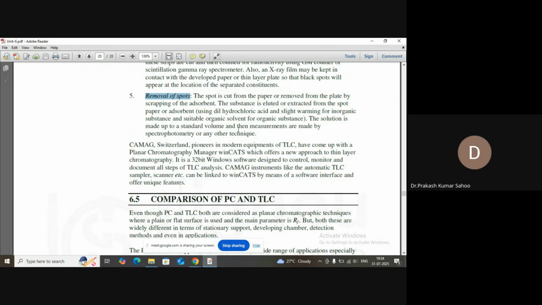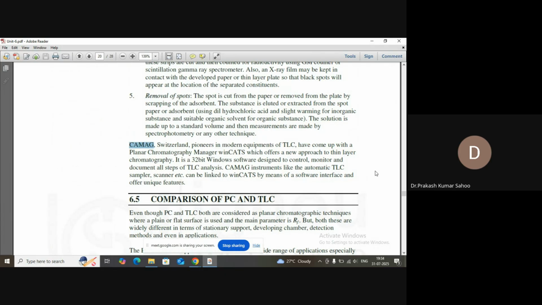And then we have a modern PLC from Camag, Switzerland, the pioneer company in modern PLC equipment, which has come up with a planar chromatography manager with CATS, which offers a new approach to PLC. It is 32-bit Windows software designed to control, monitor, and document all steps of PLC analysis.